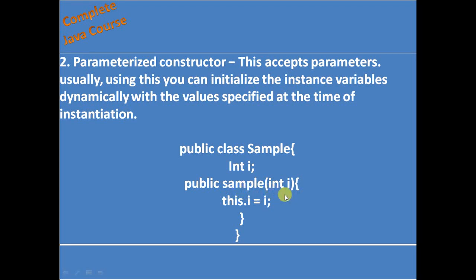In the parameterized constructor, we are passing the value of i. Whatever value we pass to the constructor is assigned to the variable. So in the default constructor, the variables are initialized with default values, but by using the parameterized constructor, you can initialize your variables with the given values.